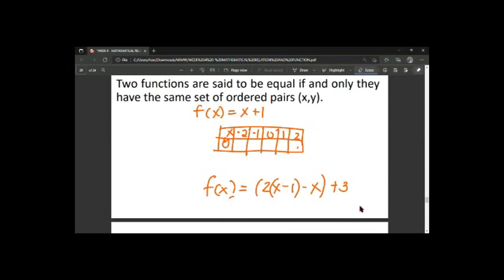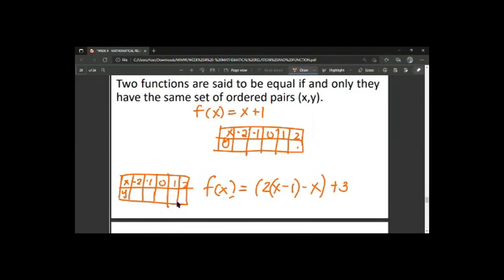Okay, lagay ko na lang dito. So, copy natin to. So, x and y, that is negative 2, negative 1, 0, 1, and 2.